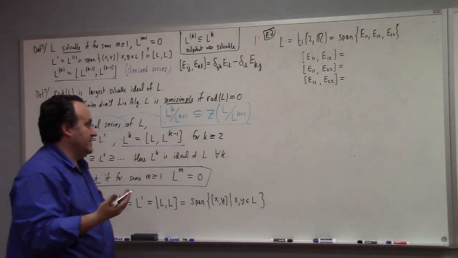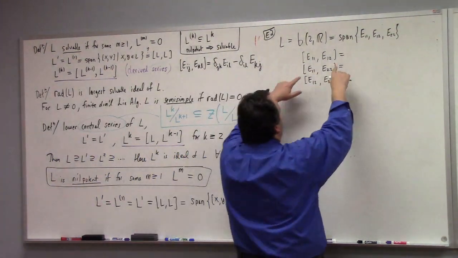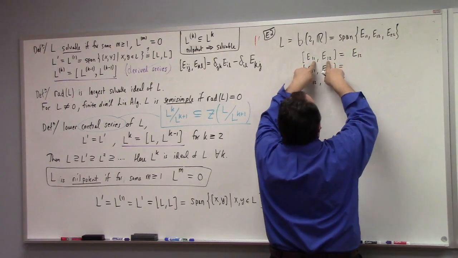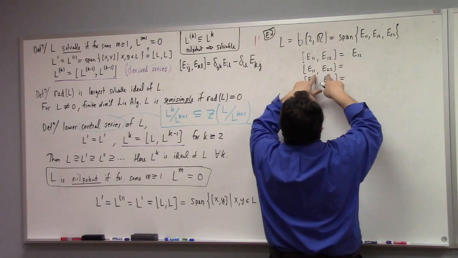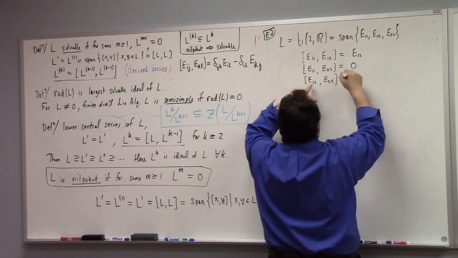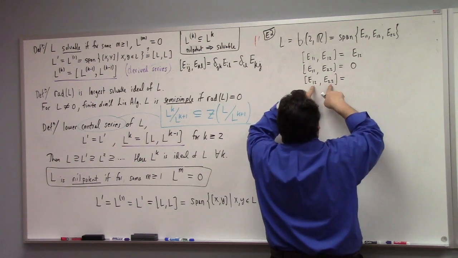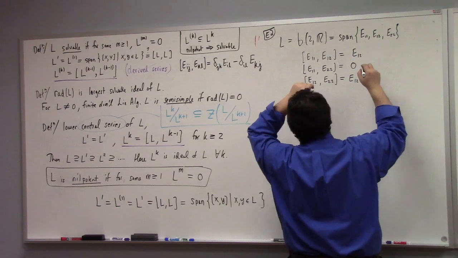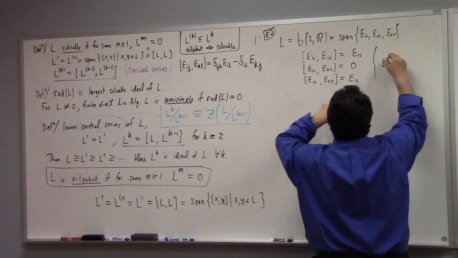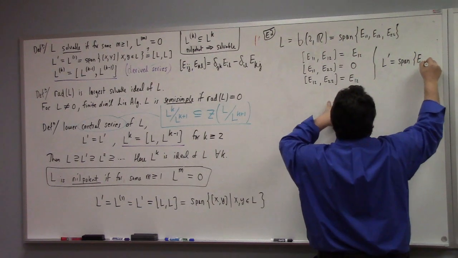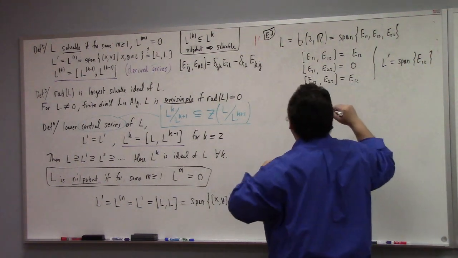Are any of those non-zero? Oh, this one is. This is E12, isn't it? Yep. This one here is 0. This one here is also E12. So this tells me that L prime is in fact the span of E12, right?